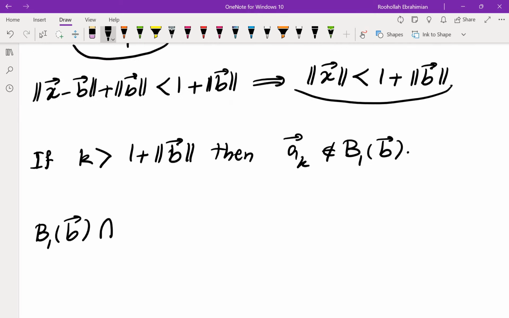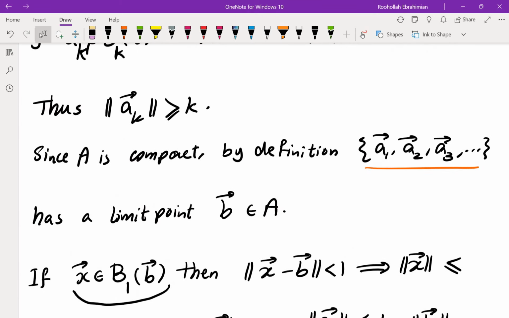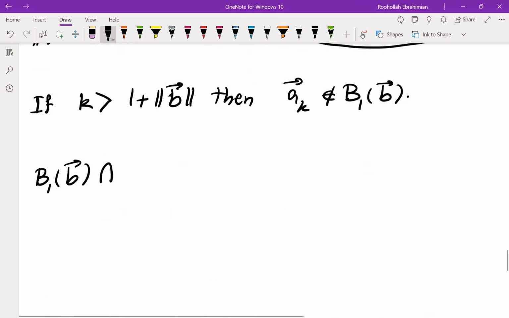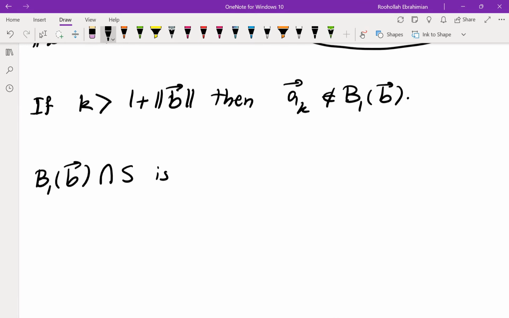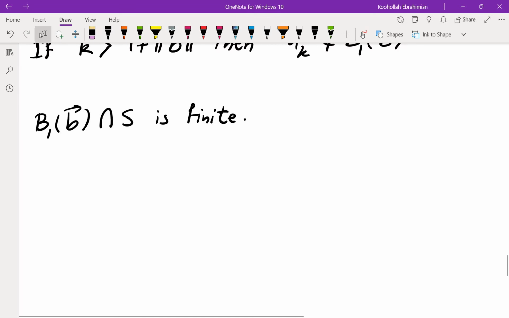I'm sorry, I meant this set. So if I call this set S, the intersection with S is finite. But if it is finite, you could take the point inside S that is closest to B.